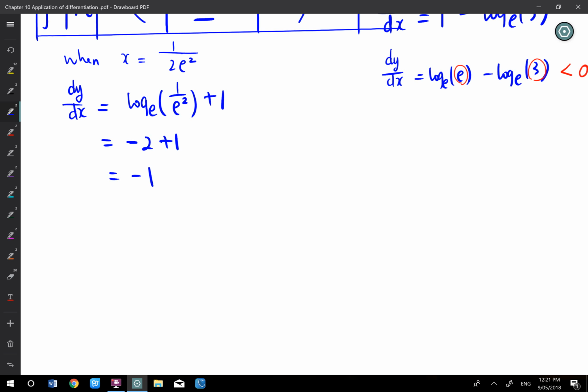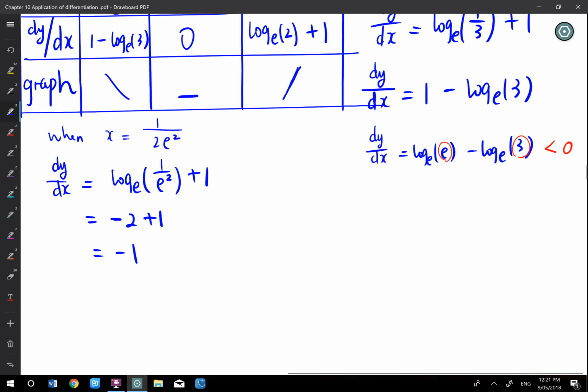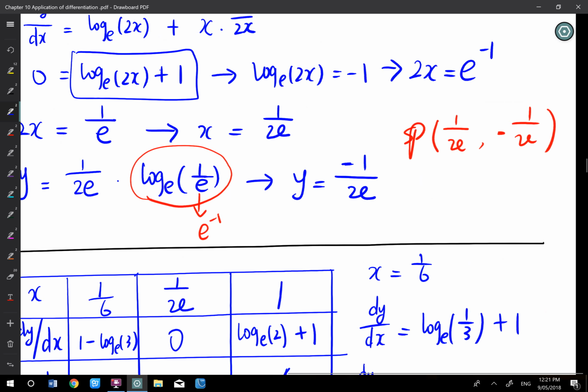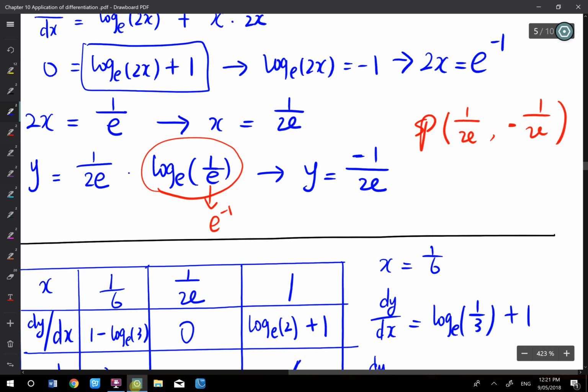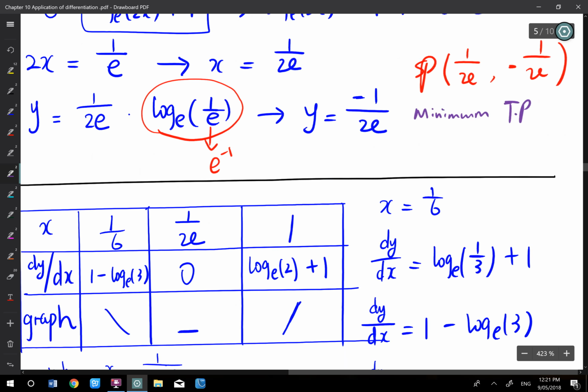So it doesn't matter, you can select the way you like, whichever works for you. So now I can see this is a minimum turning point, right? A local minimum turning point. That's the stationary point we have.